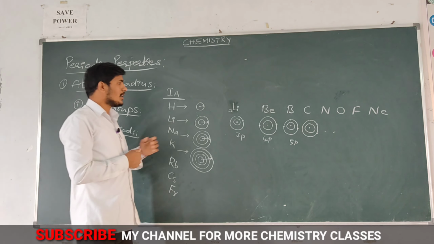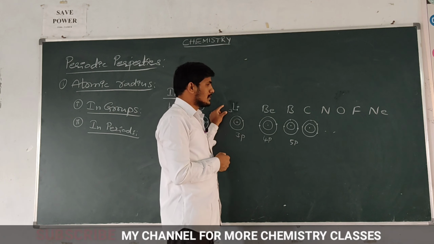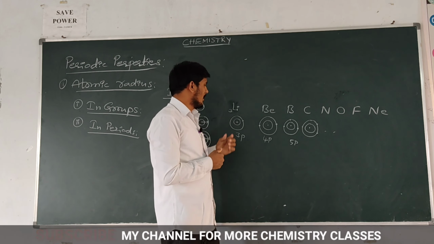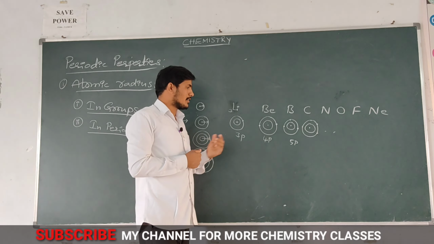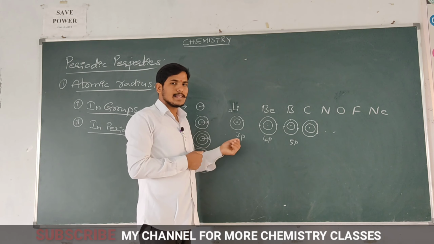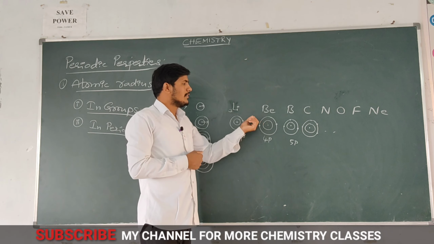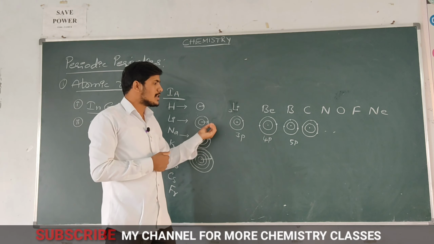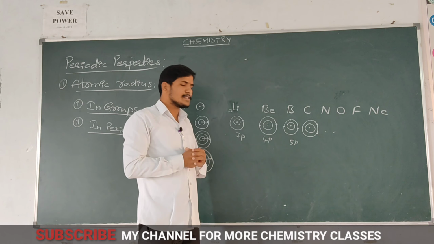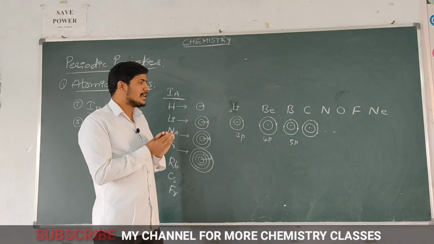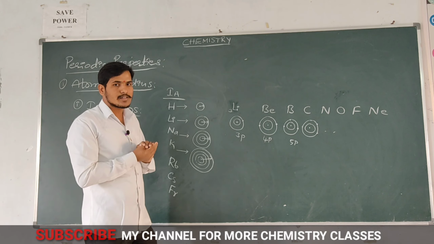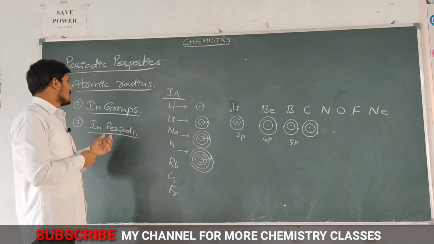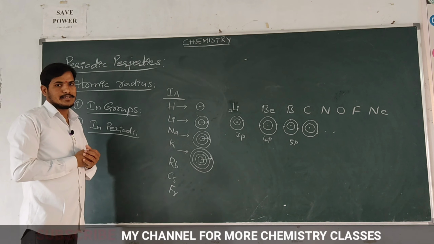Once again, in the second period elements, the next entering electron goes into the same subshell, and as the number of protons in the nucleus increases, the electrons are pulled towards the nucleus. So the size of the atom decreases, and the atomic radius decreases.